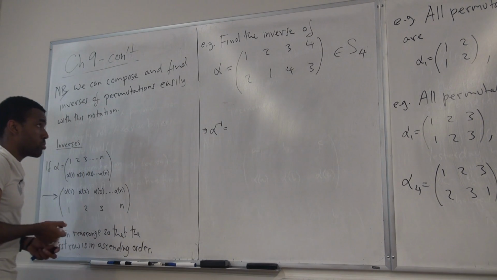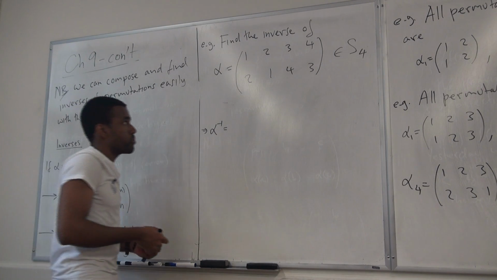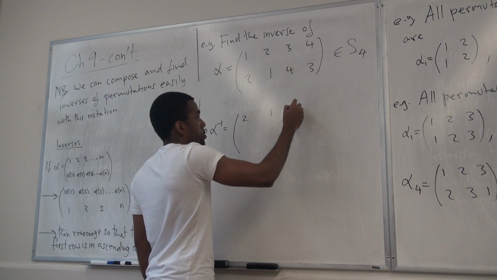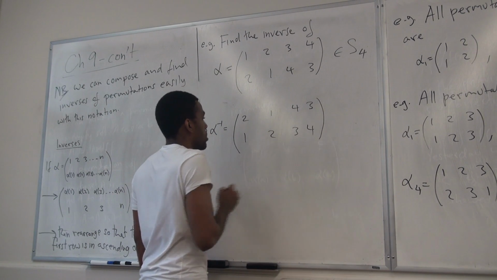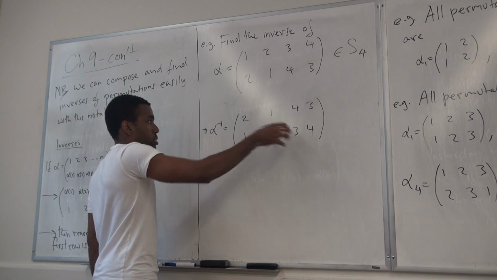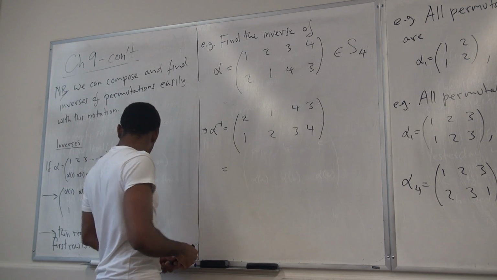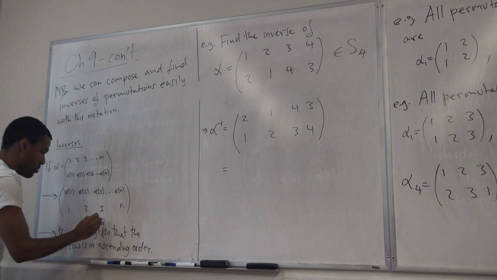Okay, so how do you think we find alpha inverse? Put the bar on top of that. Yeah. So put 2, 1, 4, 3 on top, then 1, 2, 3, 4 on the bottom. And now basically you rearrange, right, by columns, so that the first row is in ascending order.